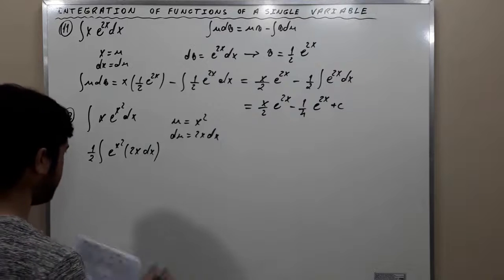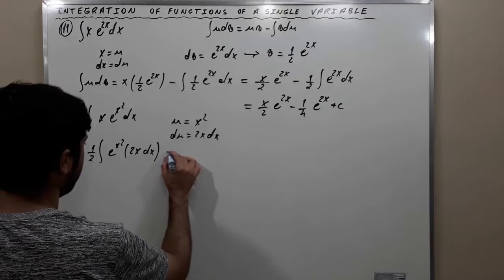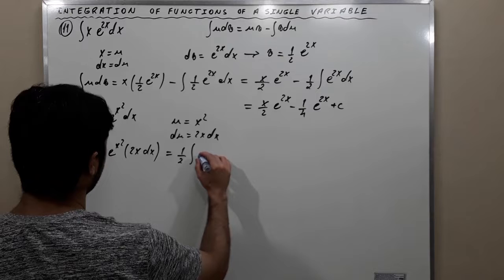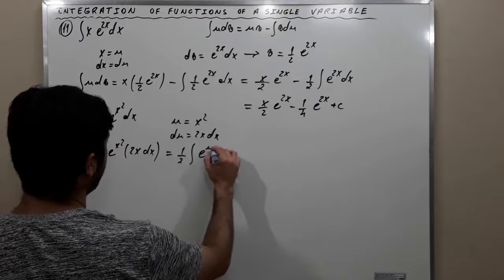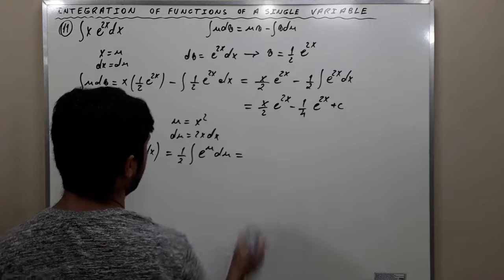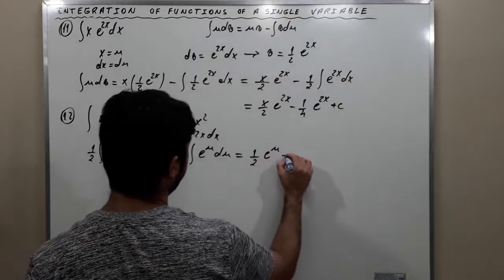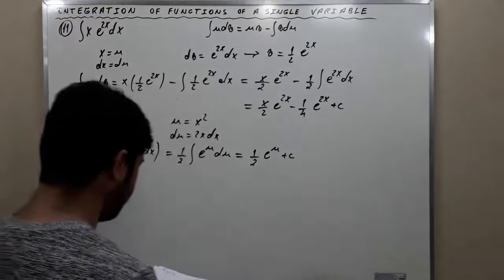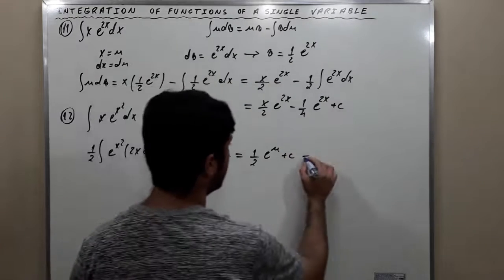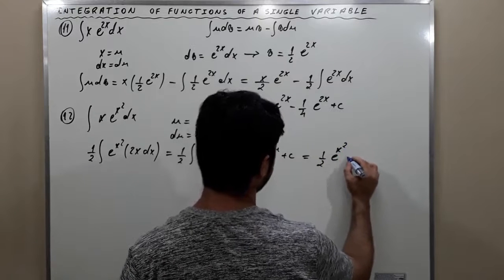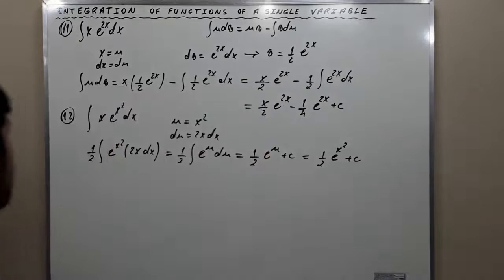In this way we have 1/2 of e raised to the power of u du, and we know that this is merely e to u plus c. Substituting back, we get 1/2 of e raised to the power of x squared plus c. Okay, this was exercise 12.